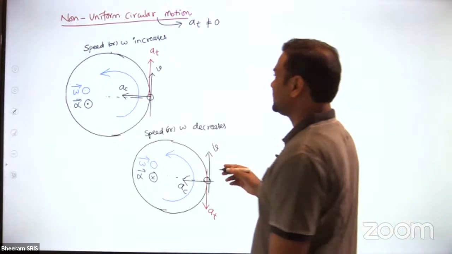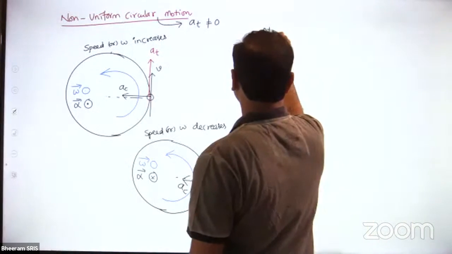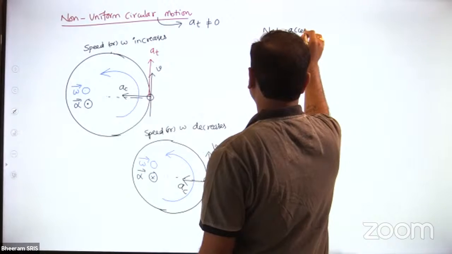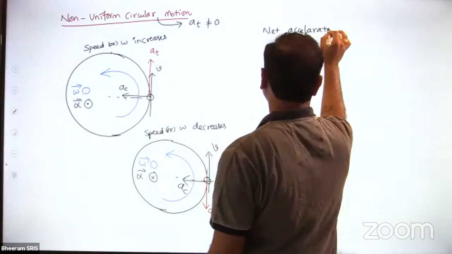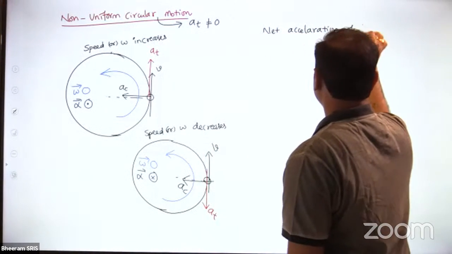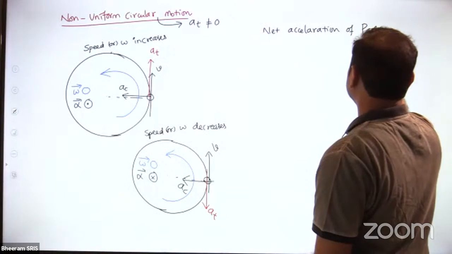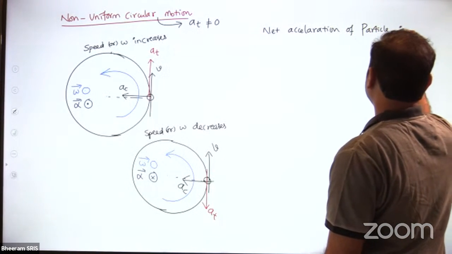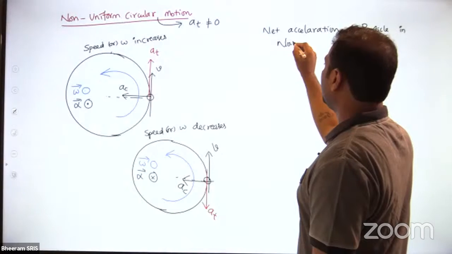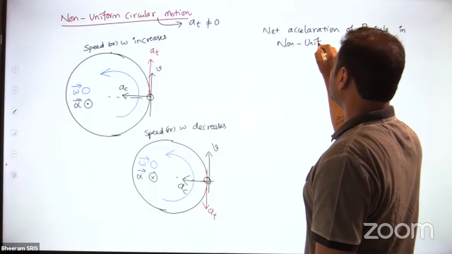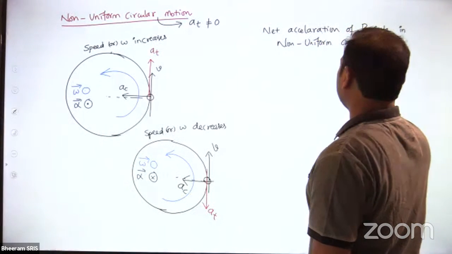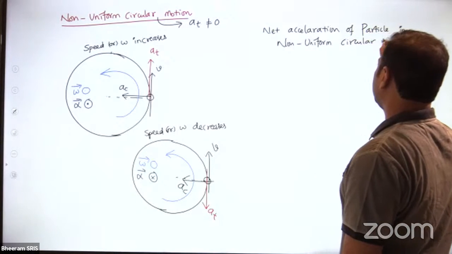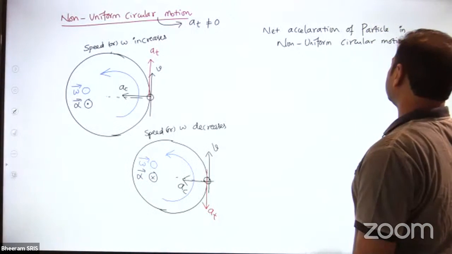Under this condition, what is the net acceleration of the particle in non-uniform circular motion? Tell me, what is the value?